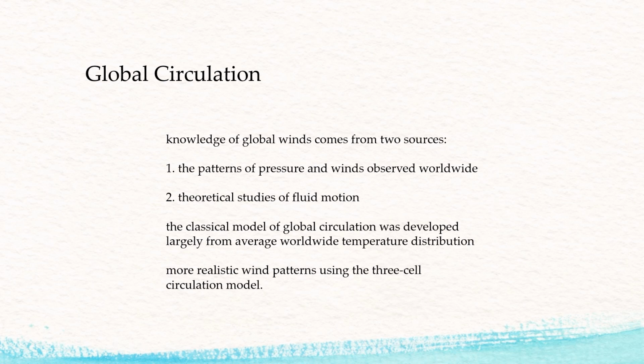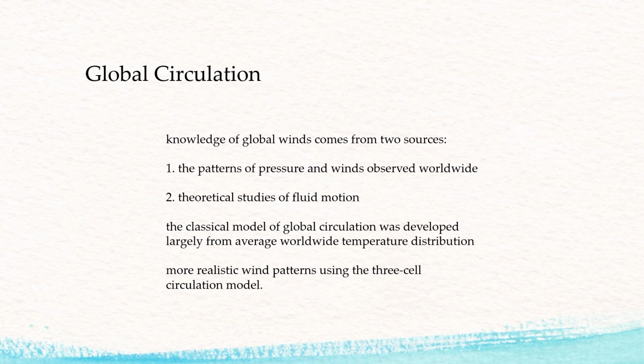We have the first classical model, but later on we're going to see the more realistic wind patterns, modified using the three-cell circulation model, because in this we added the rotation of the earth as one to be considered.